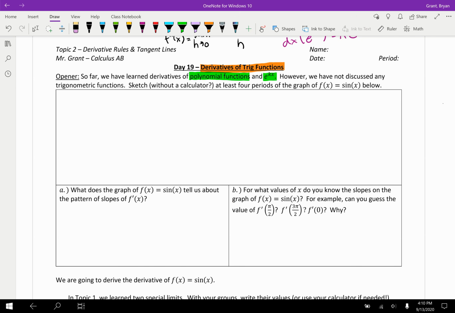So think about that repetitive nature of sine and decide what that's going to tell us about f prime. And then last but not least, once you know what your graph looks like, which slopes do you already know? You're going to be able to find a few of these down here just by looking at your graph. So go ahead and pause this, and then we're going to come back together and I'll show you what this will look like using Desmos and some logic.